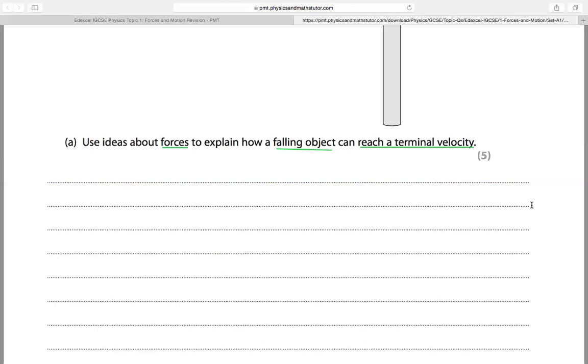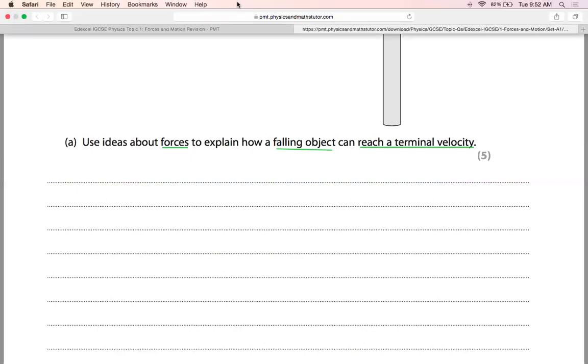Number 2 is this causes the object to accelerate downwards, falling downwards. So this causes the falling object to accelerate downwards. That's number 2.